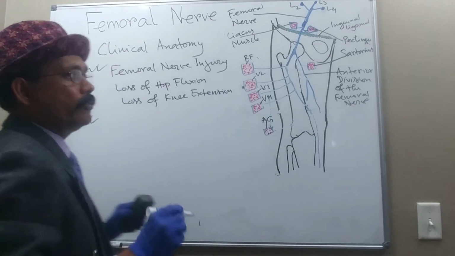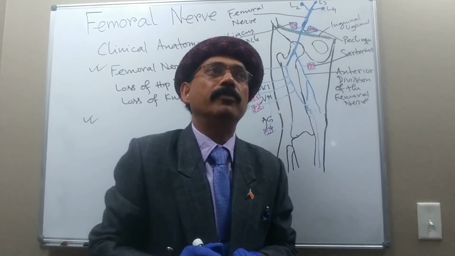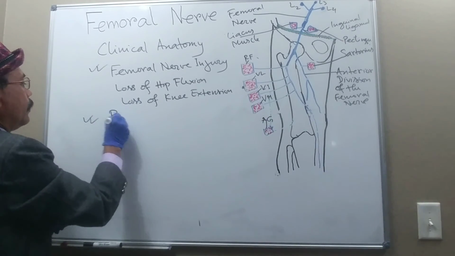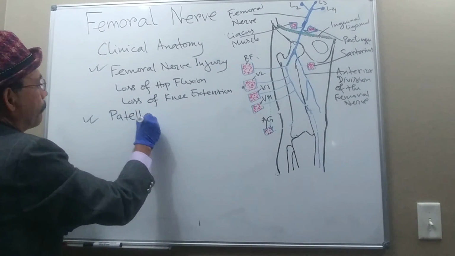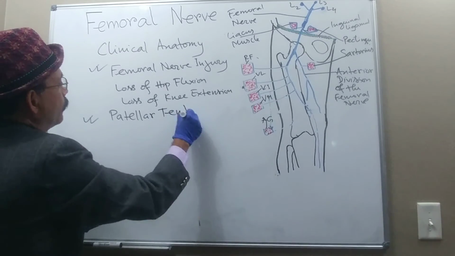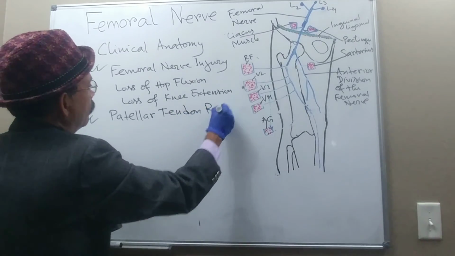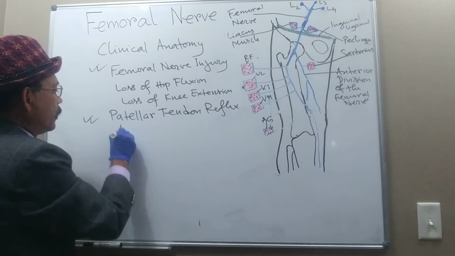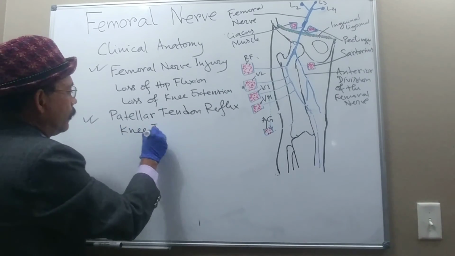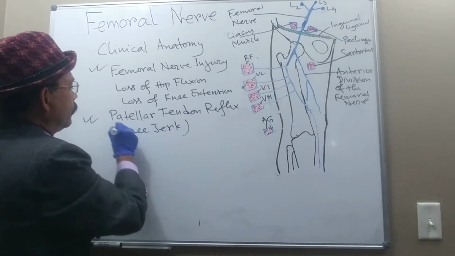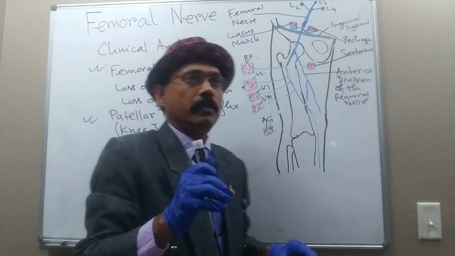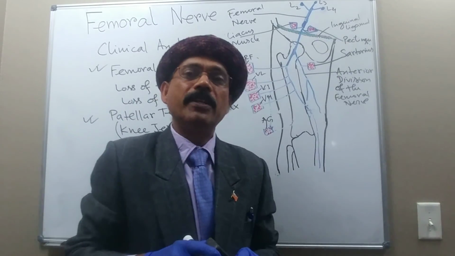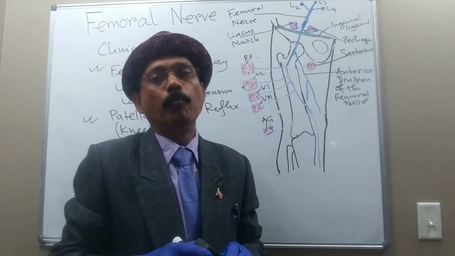Another importance is in physician practice: they test the patellar tendon reflex, or knee jerk test. The physician taps on the ligamentum patellae and looks at the movement of the knee joint.